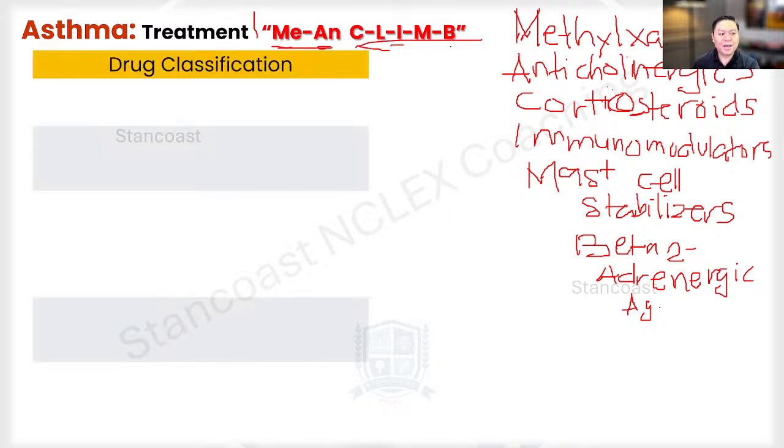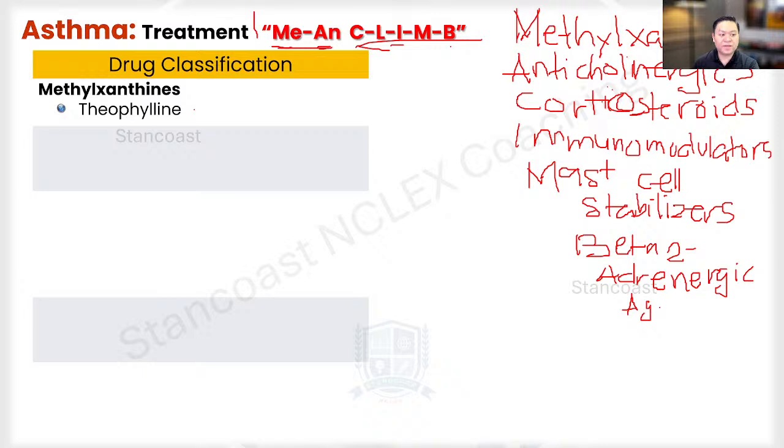Now, talking about the first classification here, we have the methylxanthines, okay? This is actually an old medication used for asthma. This is represented by the theophylline, okay? So the theophylline can be ordered in different forms.